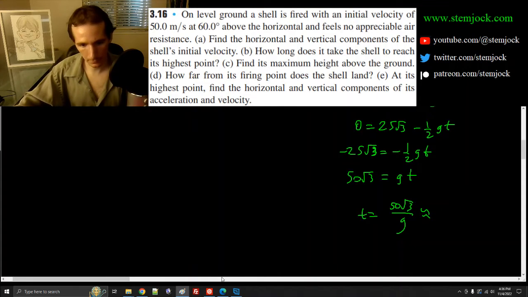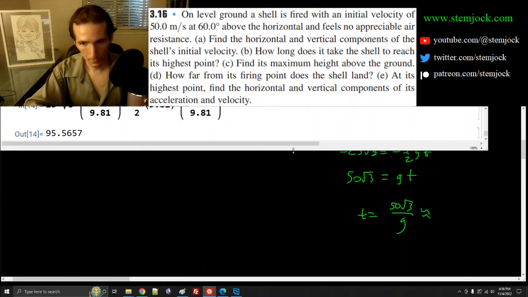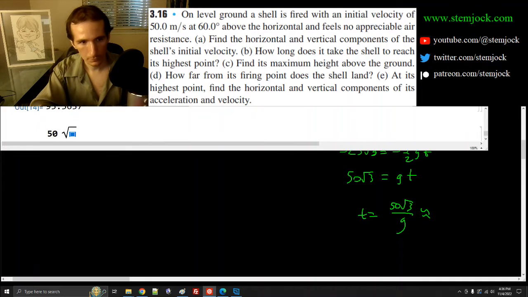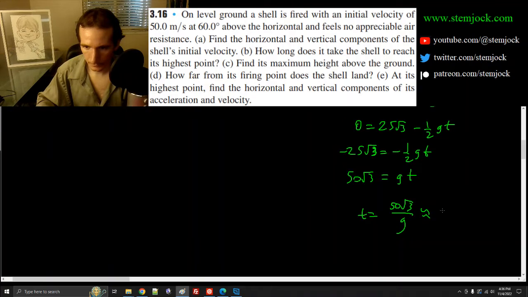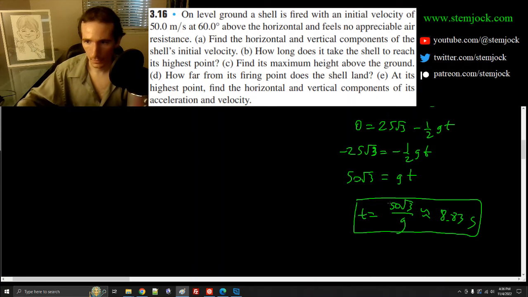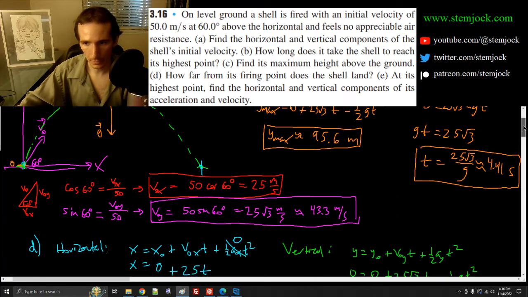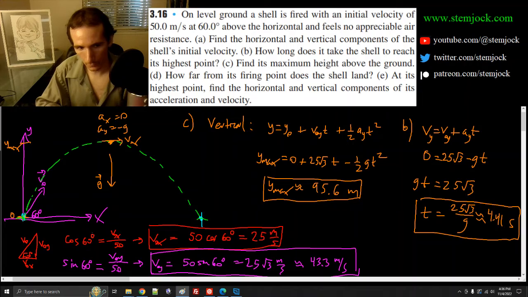Let's get out the calculator. 50 square root 3 over 9.81 is 8.83 seconds. So again, this is the amount of time it takes to go all the way from the initial position back down to the ground.